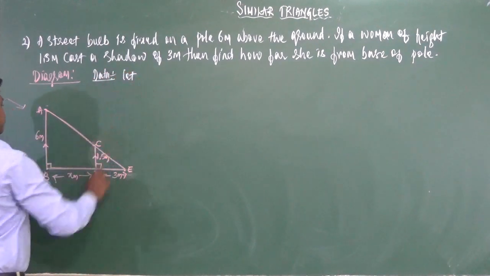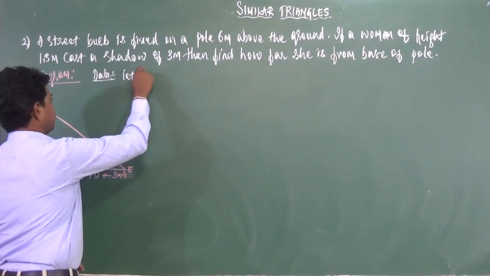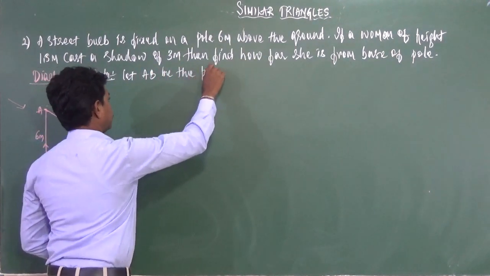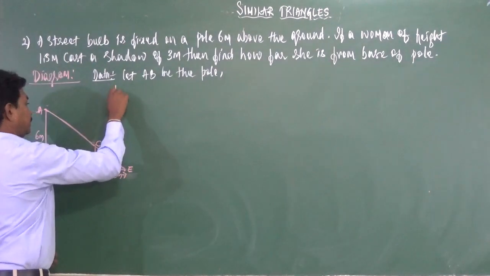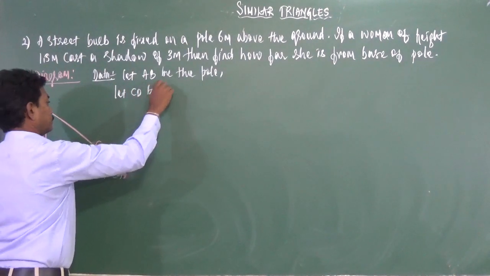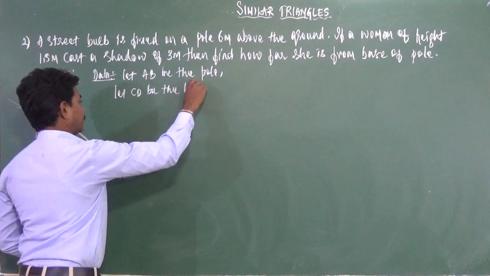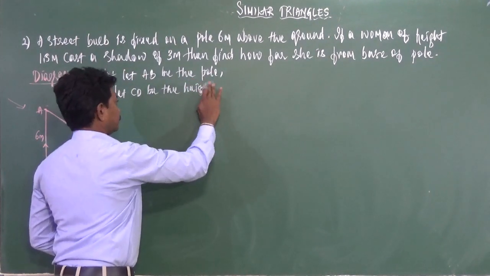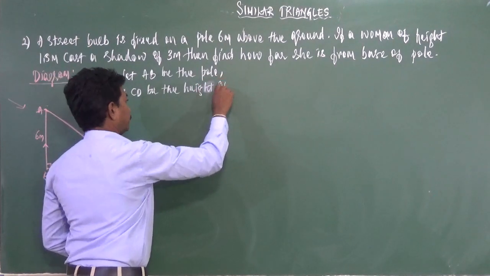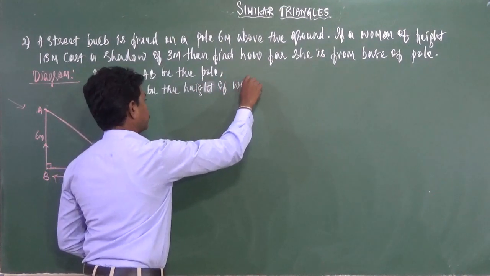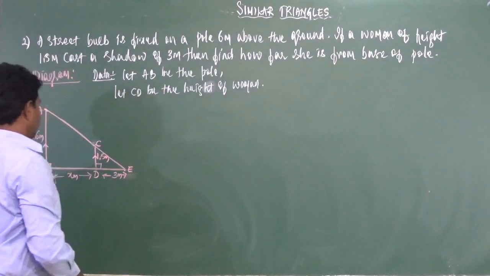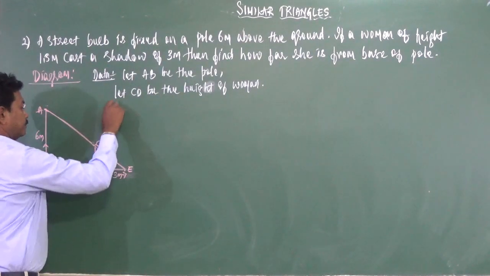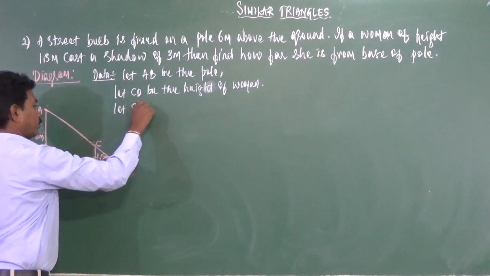Let AB be the pole. Let CD be the height of the woman. Then let the shadow of the woman be DE.